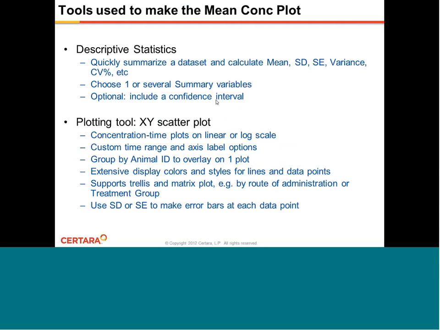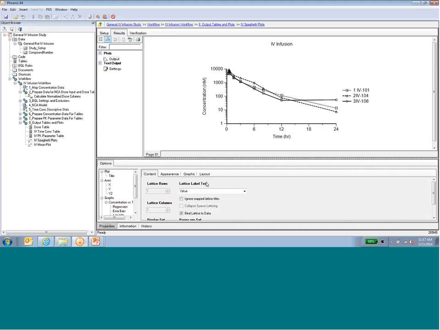The results of the descriptive statistics are then forwarded on to the plotting tool, the XY scatter plot, to construct the graph, where the new operation here is using SD or SE to make the error bars at each time point. So let's look in Phoenix and see how that's done.